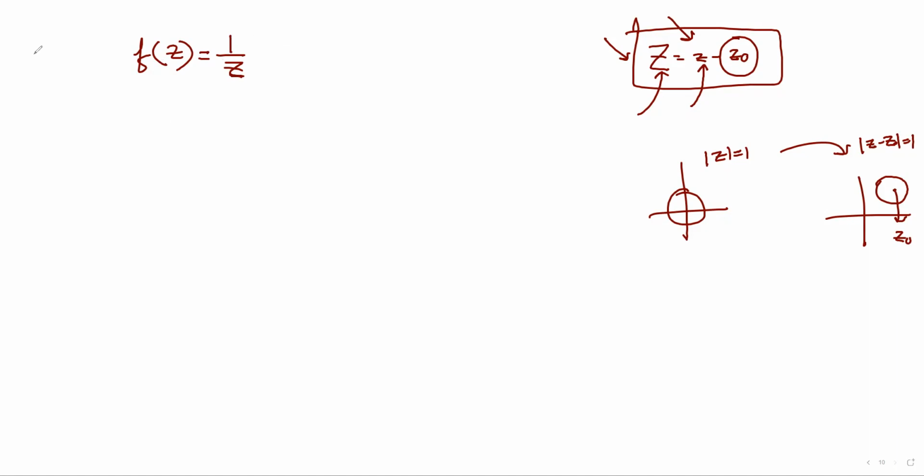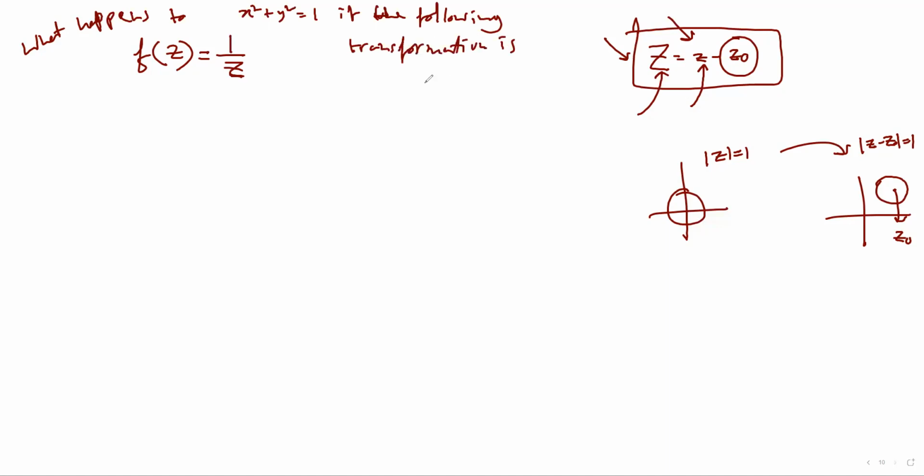For example, let's say the question asks what happens to, probably, the circle x square plus y square equal to 1 if the following transformation is applied.